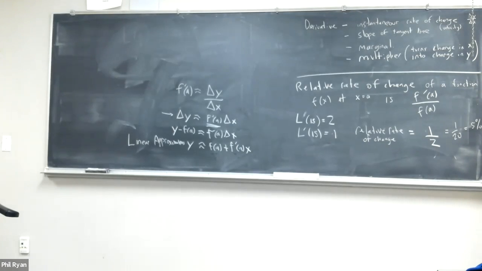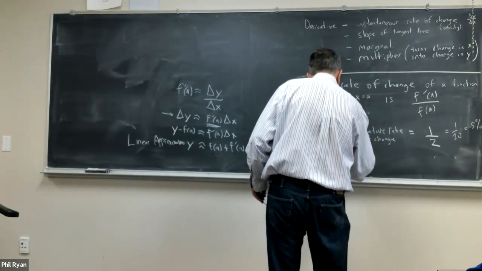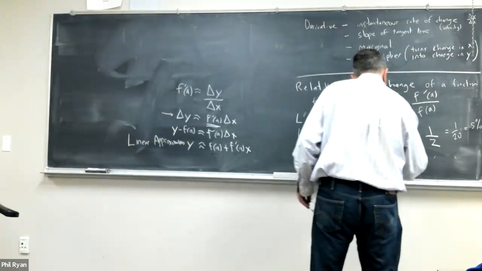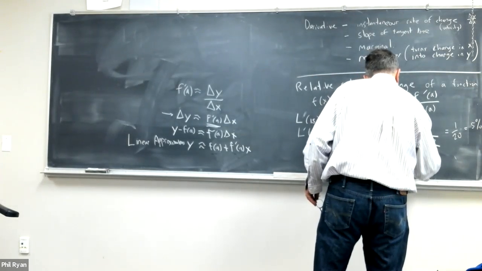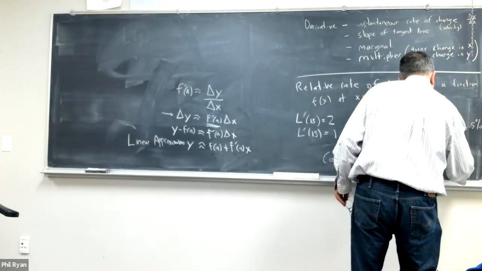It's particularly useful later on when we talk about exponential things, because exponential things have a constant relative rate of change. We'll get to that at a later time. So remember, constant relative rate of change is exponential.